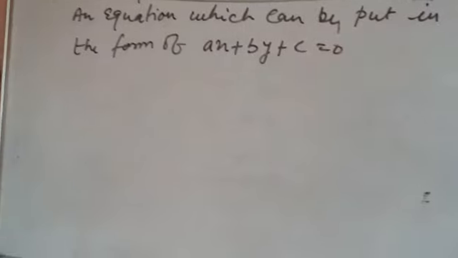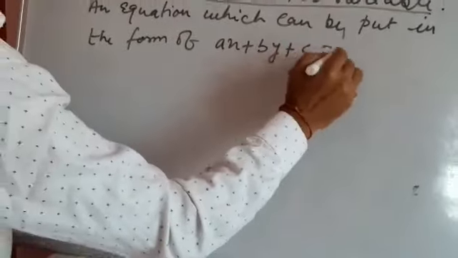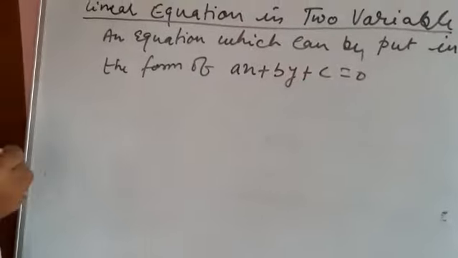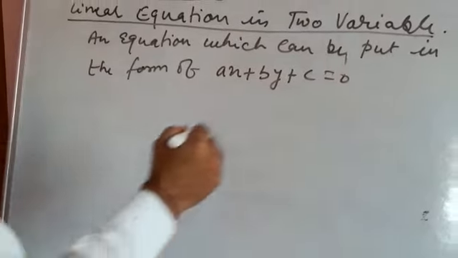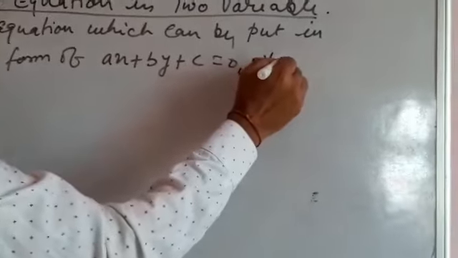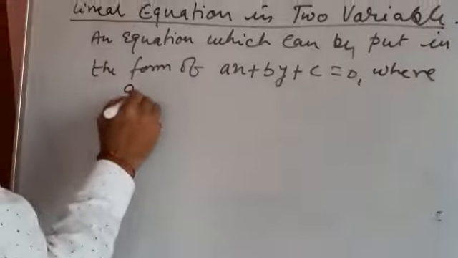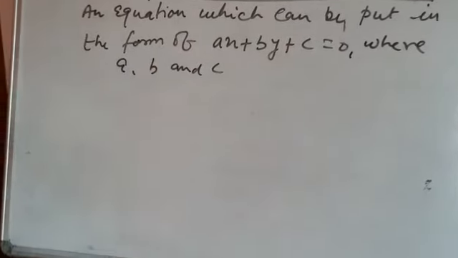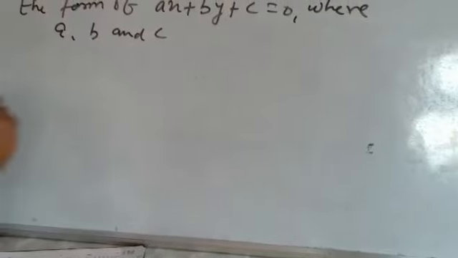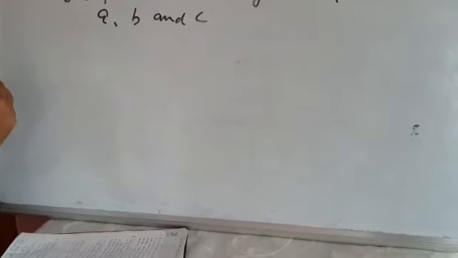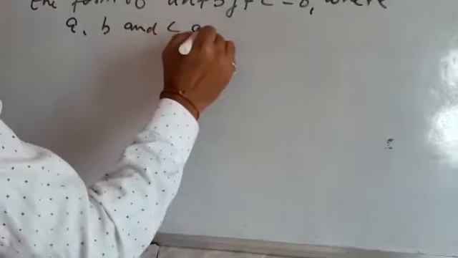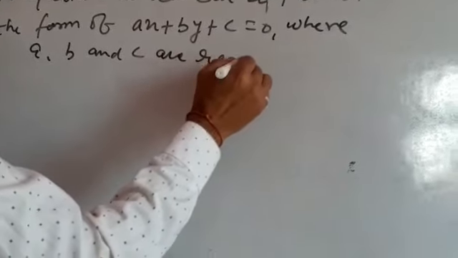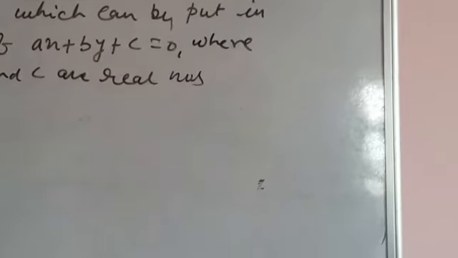This is also called the general form. Please write down ax plus by plus c is equals to 0, where a, b and c are real numbers.